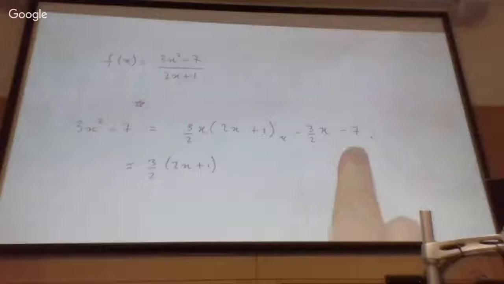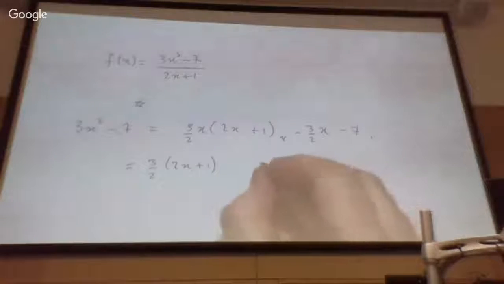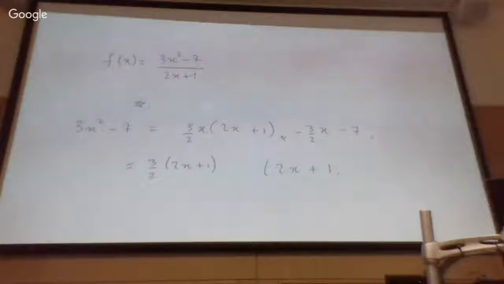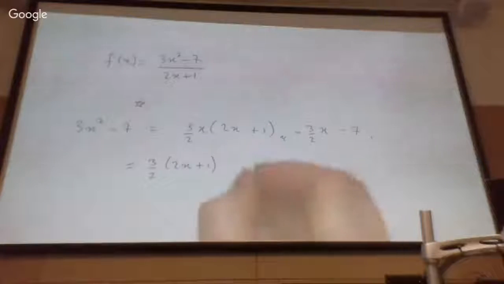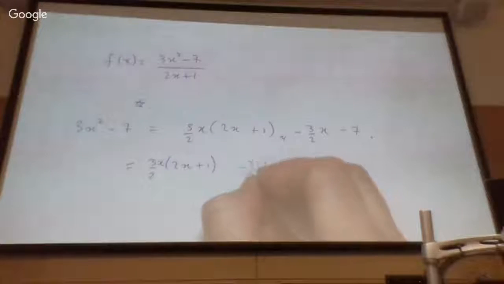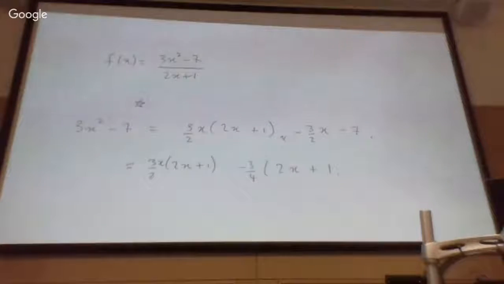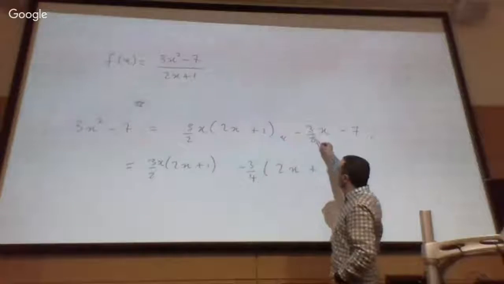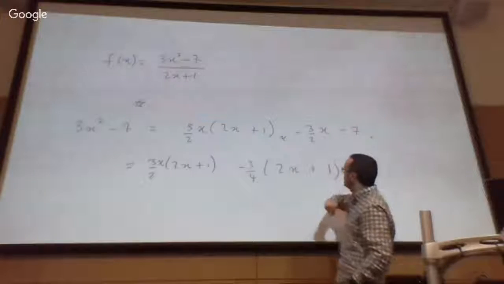minus 3 over 2 x. Again, I'm looking to multiply 2x plus 1 by something. So I'll have to multiply that by minus 3/4, won't I? If I multiply 2x plus 1 by minus 3/4, I will get this minus 3 over 2 x term.